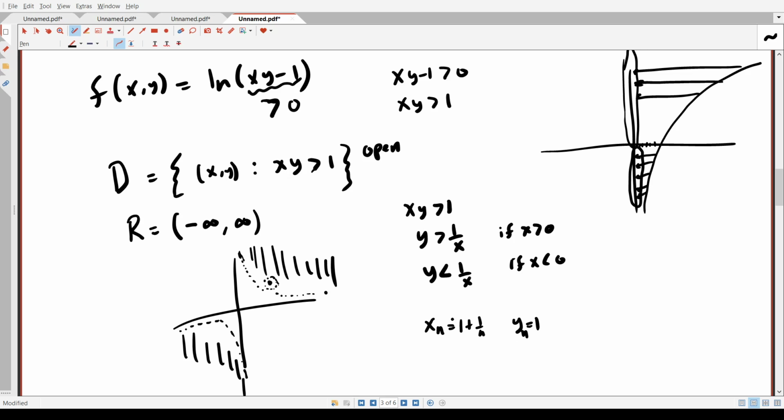As n goes to infinity, this sequence converges to 1. The product, xn yn, the limit as n goes to infinity, is just going to be 1. So this limit converges to something that's not in my set, meaning that it's not closed. So it's only open.